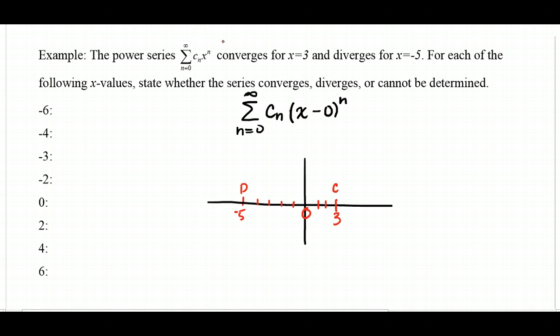So let's talk about possibilities here. I know that my series converges all the way up until this x value of +3. So here's one possibility: my interval of convergence can be from -3 to 3, and I could include 3.